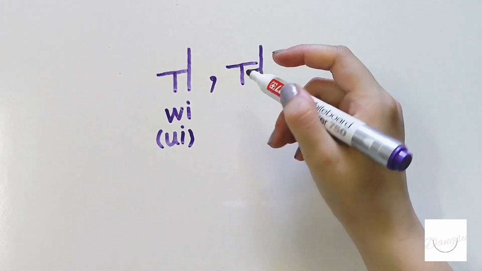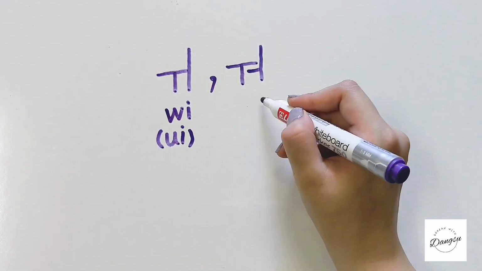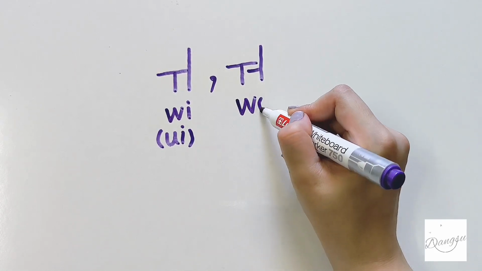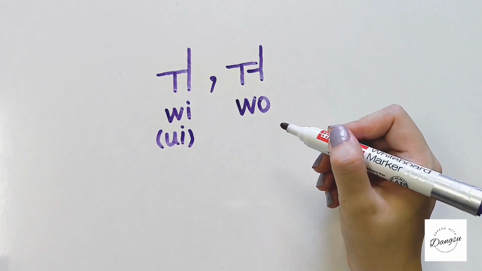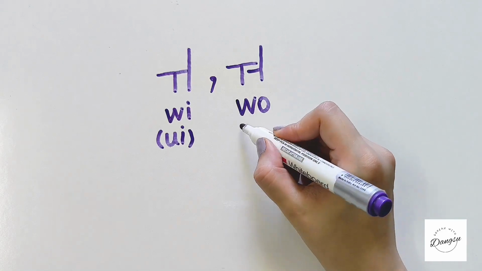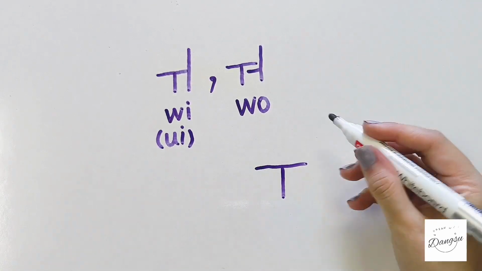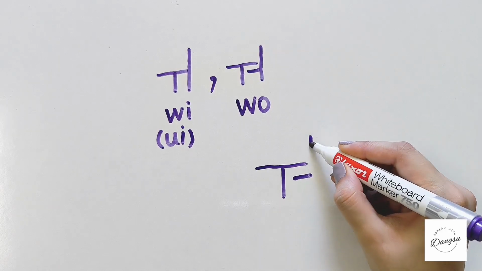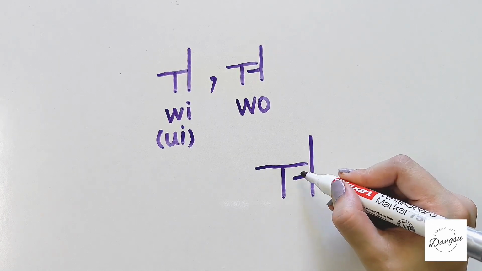Oo, o, wa, wa. Then it changed into wo, like in kumawo, wo. So it's an oo plus an o sound, wo.